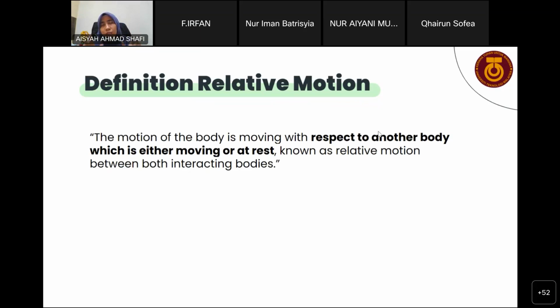Based on those three main equations, you need to know the y direction and the x direction. For the y direction, at the maximum point the velocity is 0. The velocity in the x direction, Vx, is the same, but for Vy the maximum point is 0, and at the same level it is the same.